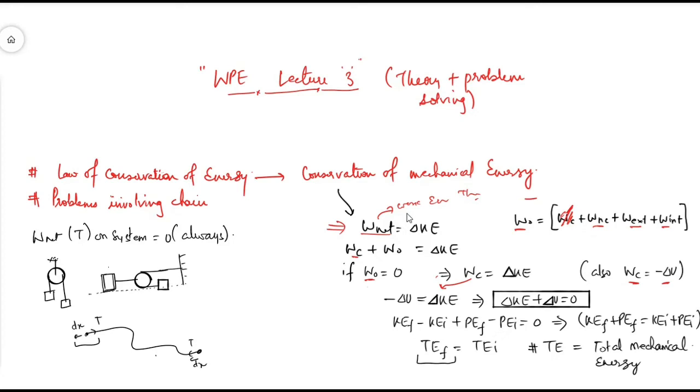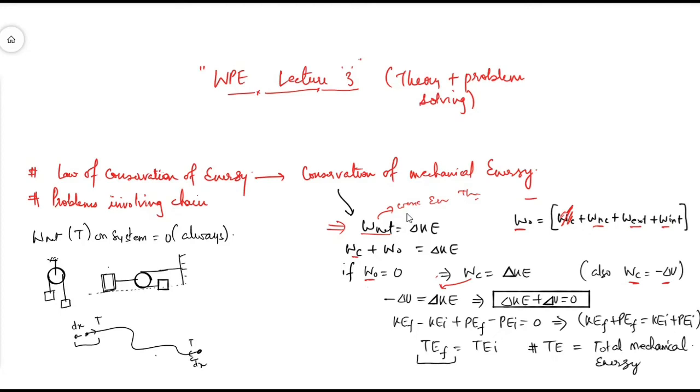So what we have here, that total mechanical energy final is equal to total mechanical energy initial. So TF is equal to TI. So this is a direct result of saying if only conservative force field is doing work, the total mechanical energy of the system remains constant or conserved. Okay, so we'll discuss this whole calculation with a given example.